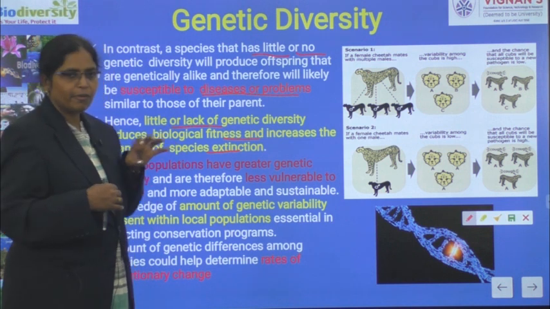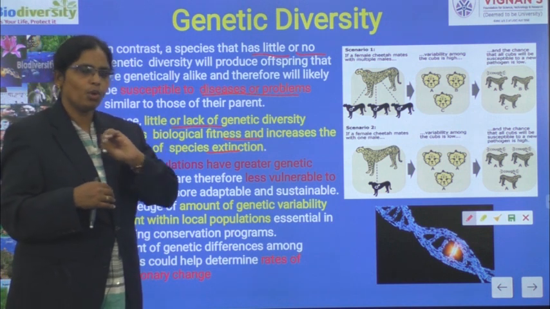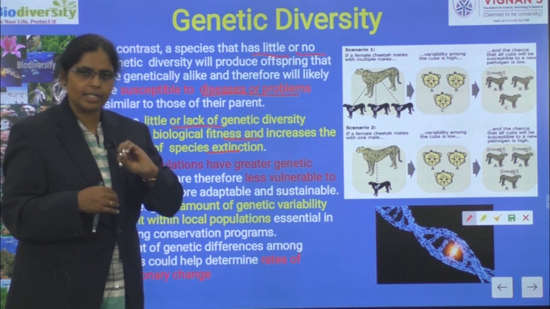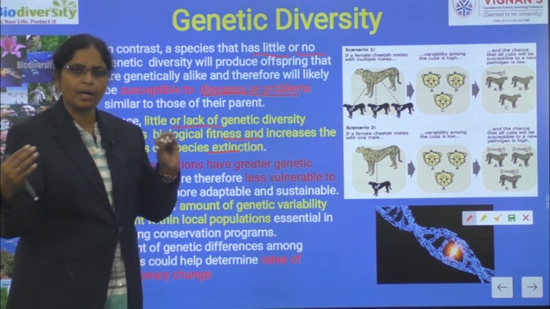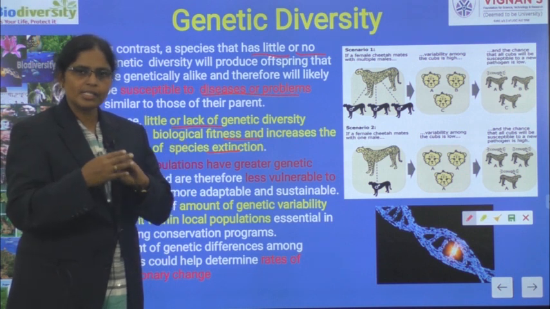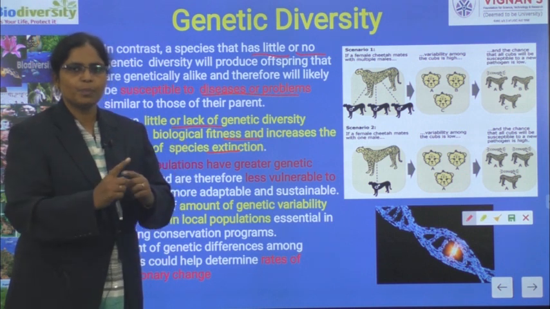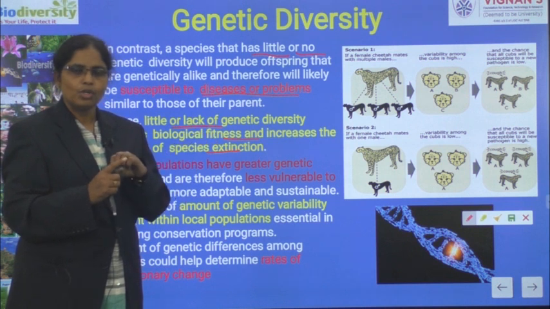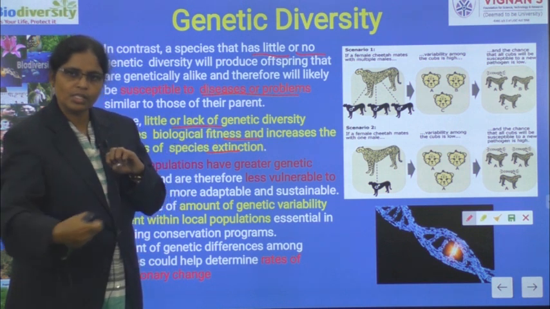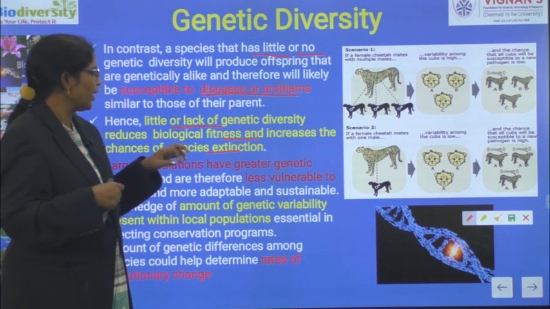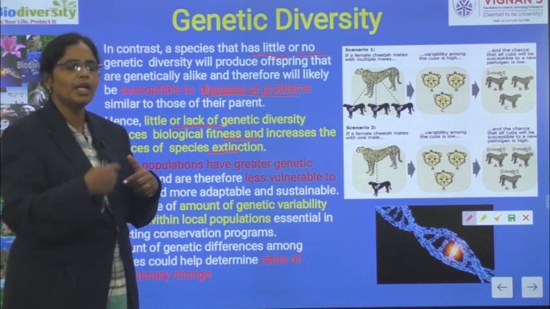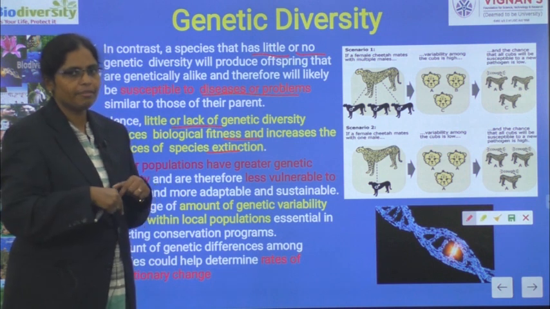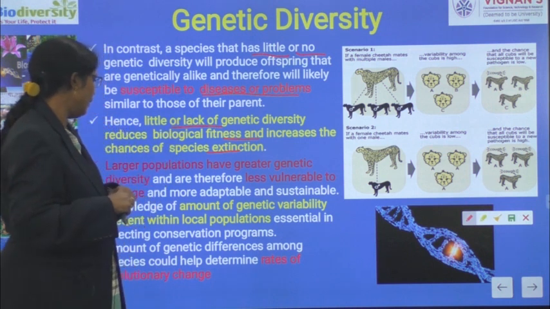So, such species will go extinct. For example, a mass outbreak will result in the loss of all the species that come from the parent. Because of this, we lose biodiversity. So, extinction of animals or plants we can observe because of the lack of diversity at the genetic level.